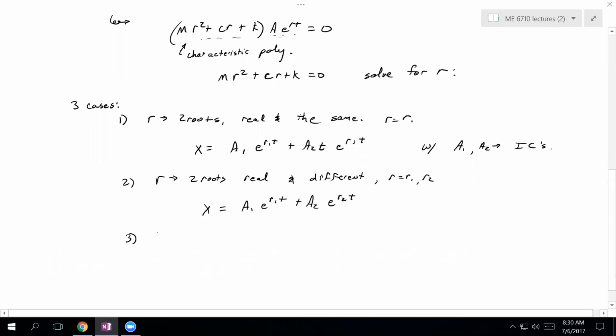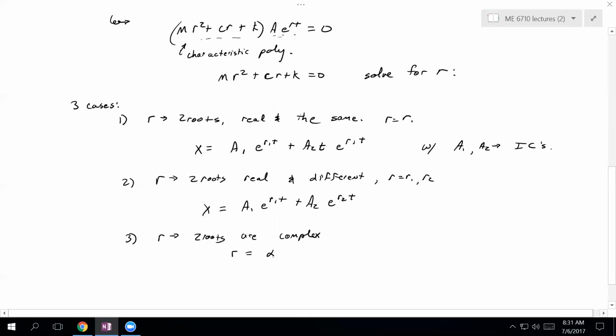In the third case, r has 2 roots. I guess r always has 2 roots. They're complex. So I'll just say the 2 roots are complex. And not complex as in complicated, but complex as in containing real and imaginary parts. And so r is going to equal, we can write them different ways.